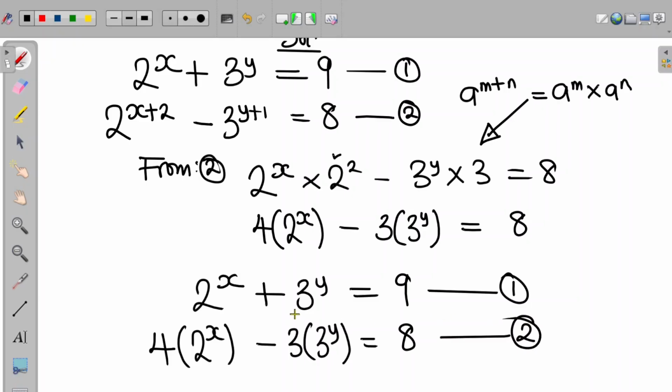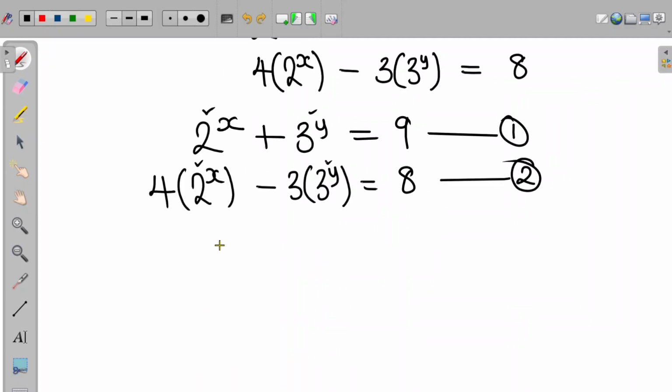Now, looking at equations 1 and 2, we can make a simple substitution because we have 2 to the power of x here and here, and also 3 to the power of y and 3 to the power of y. So at this point, we can say that let p be equal to 2 to the power of x and q be equal to 3 to the power of y.